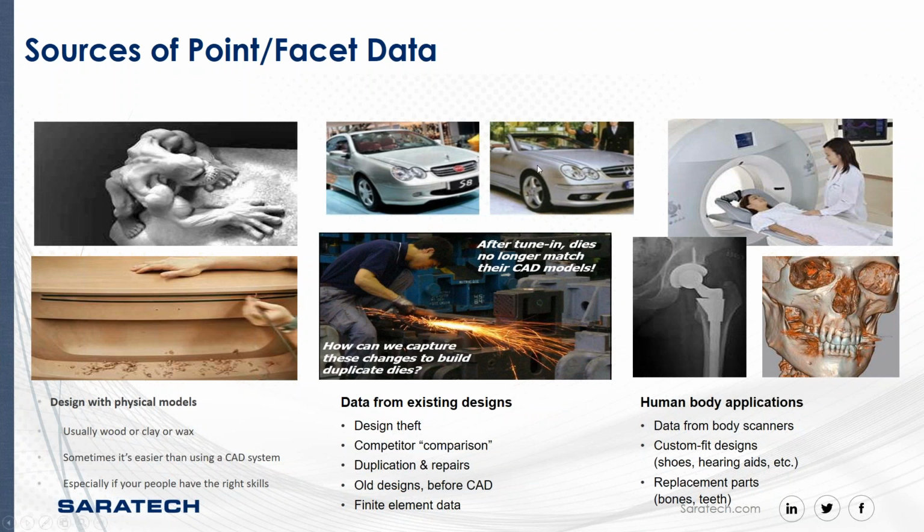You have this nice Mercedes here, and then you have this car that's very similar to the Mercedes. Also competitor comparisons, duplication, repairs, and old legacy parts that you can scan into your CAD environment to save or modify, and finite element data. And lastly, which I'll delve into as my case study, is the biomedical industry and how convergent modeling and reverse engineering is applicable to that. This is human body applications, so data from body scanners, custom fit designs, and replacement parts.